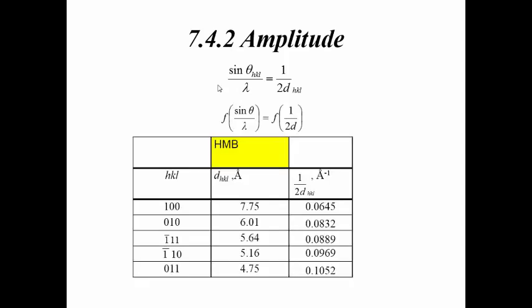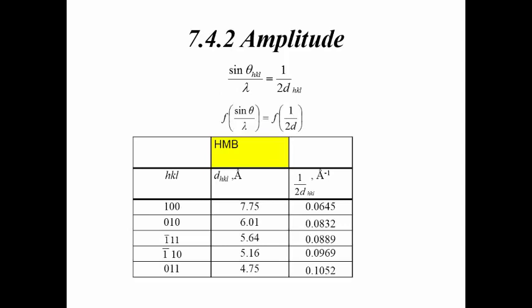So that was the position. Now what about the type of atom? Well, that's going to contribute to the amplitude of the structure factor. And again, we rewrite Bragg's equation in this form. Then we can look at the scattering factor, which would be, in our case, the Cromer-Mann.